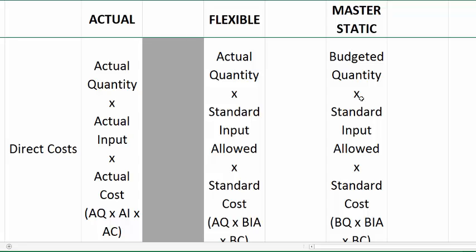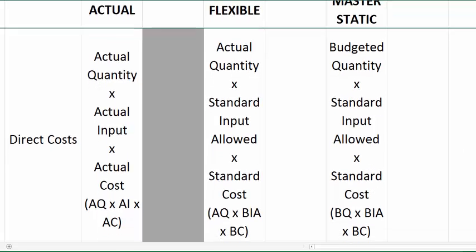And then we're multiplying that times the standard cost. What do we believe we can purchase those pounds at per each? So budgeted quantity times the standard input allowed times the standard cost.